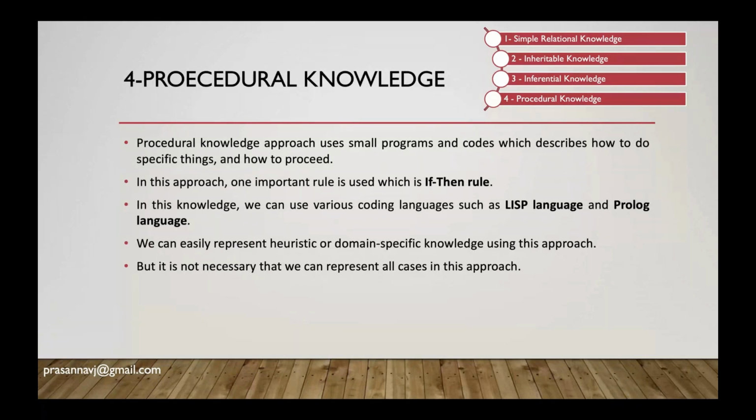In terms of procedural knowledge, we are all aware of programming languages where an if-then-else statement is an example of procedural knowledge, where the details are represented in a code or program format, and these programs are executed by some programming language. So these are four different types of knowledge which are available.